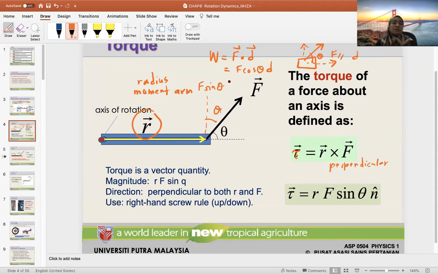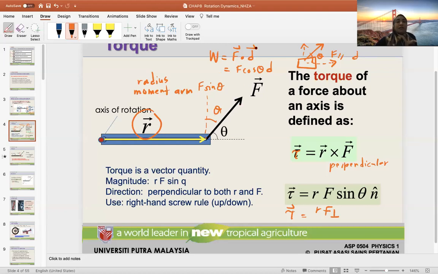What is important to know here, you need to resolve your F to be perpendicular to R. Do not use RF sine theta. Just remember that you need R and F to be perpendicular. That should be your equation. Okay, and it is a vector, so it has direction. The direction is either it's clockwise or anti-clockwise.